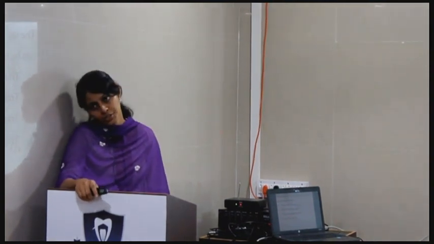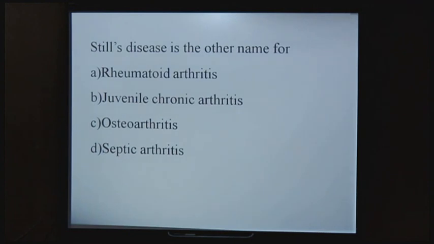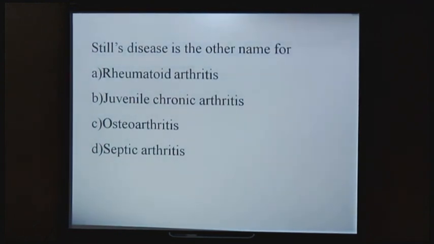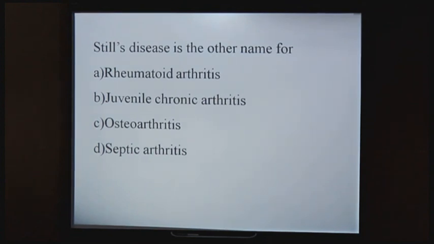The lateral aspect, your transcranial view. The transorbital view gives anteroposterior view, and transpharyngeal will give the medial view. Still's disease is the other name for juvenile chronic arthritis.